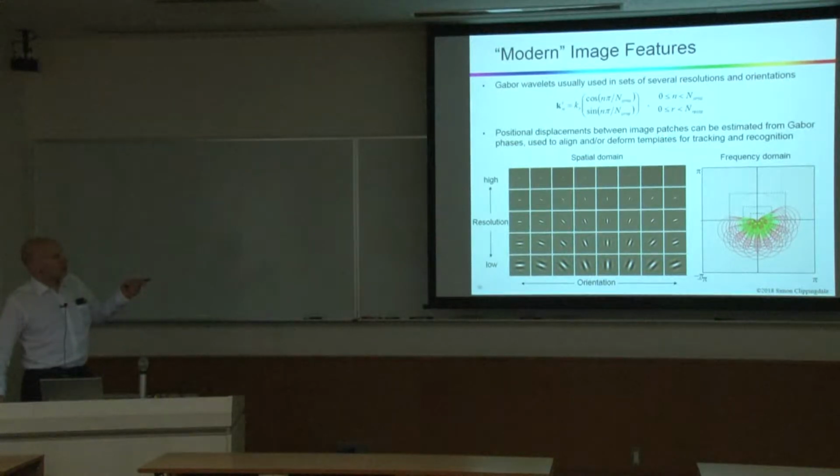A good thing about these is that you can estimate shifts between image patches. So if you're trying to match a face with a face in the database that is slightly shifted, you can compute the shift with these features and correct for it. So these are used to align and deform templates for tracking and face recognition.